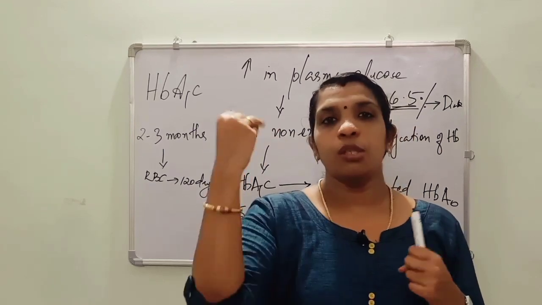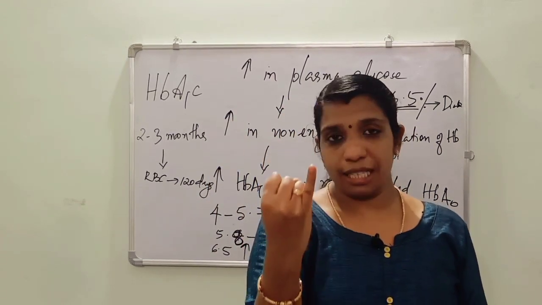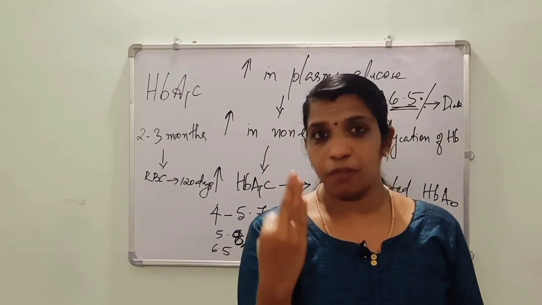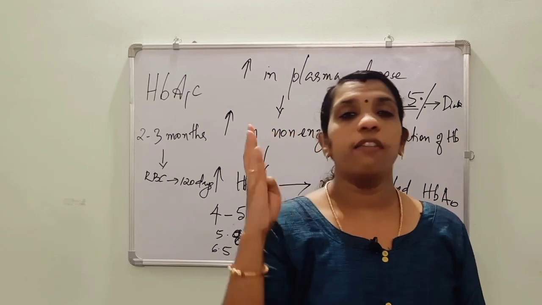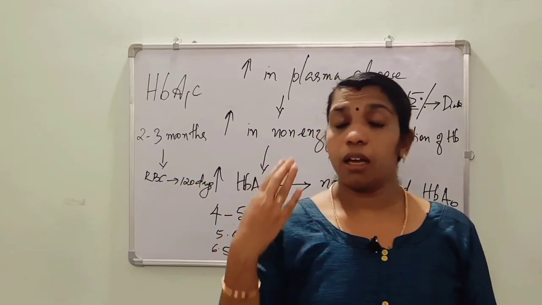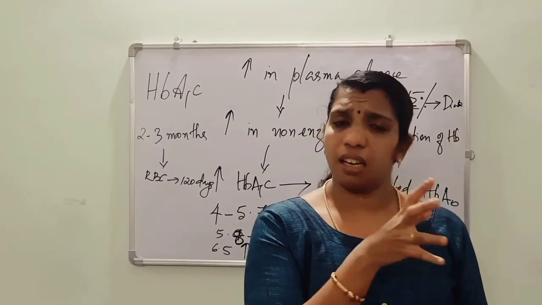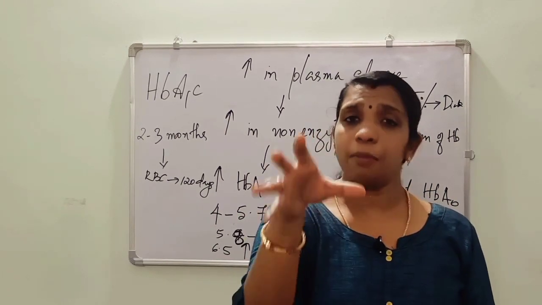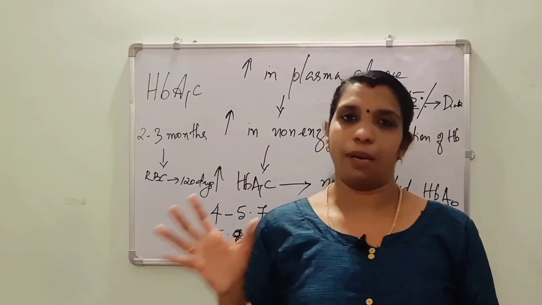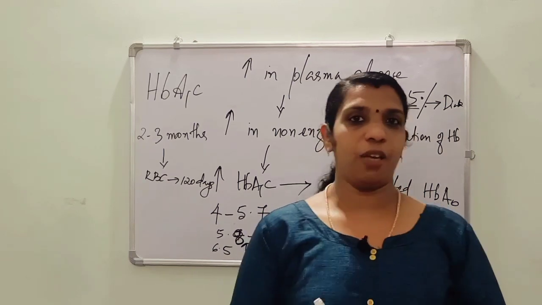Second, anemia. Third, uremia, when the patient is suffering from uremia. Fourth, when the patient is pregnant. Also when the patient has hemoglobinopathy, some disease in relation to RBCs or hemoglobin. So these are the conditions where we will go for misinterpretation of HbA1c.